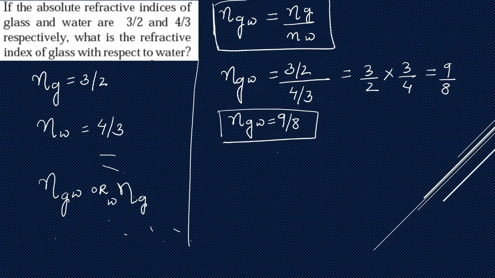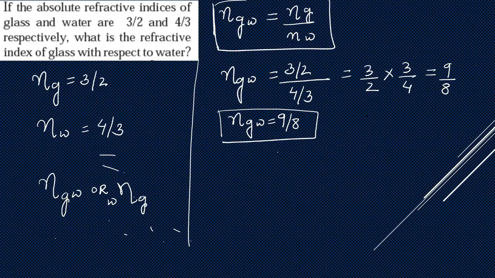If the question had asked for the refractive index of water with respect to glass, there's nothing you have to do, you just have to take the reciprocal. So it will be 1 upon 9 divided by 8, which is going to be 8 upon 9. Water with respect to glass will be 8 upon 9.